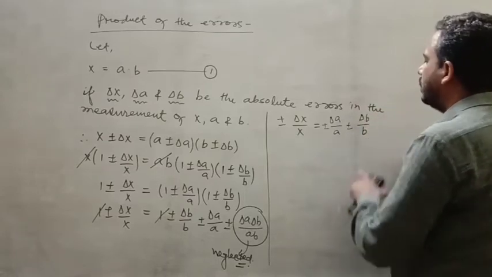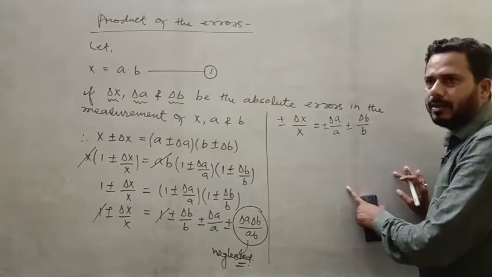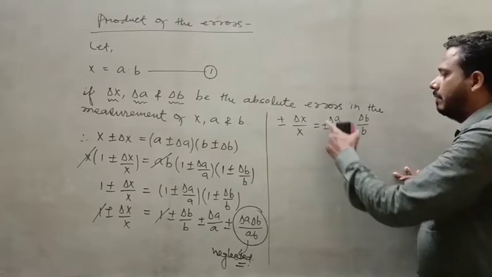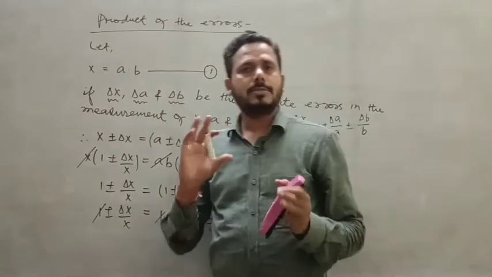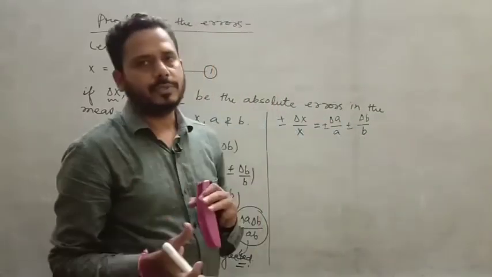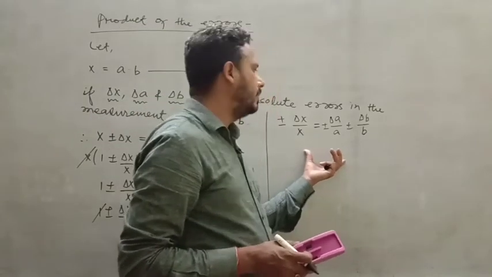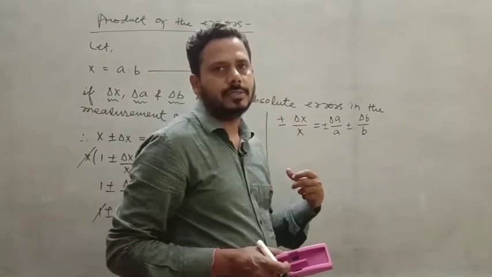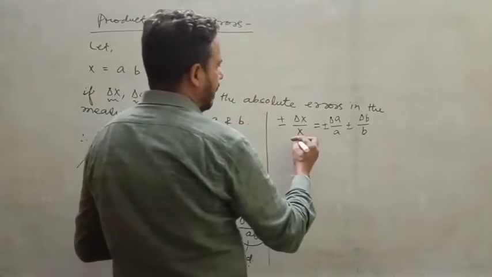Out of which you have to take its maximum value, because you have got 4 possible values here also, just like in the sum of the errors and difference of the errors. Here you are also getting the same in the product of the errors.